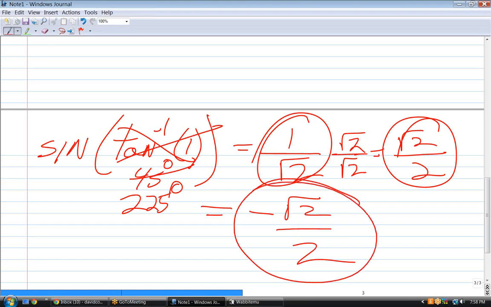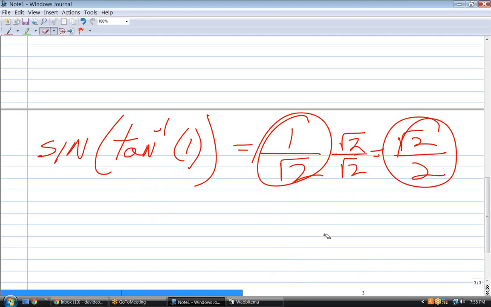So I don't get the same answer. That's why, when you're doing these double things, you always start from the inside out and you always answer with the principal answer. If this thing's positive, we're going to be in the first quadrant. If this answer's negative, we're going to have a negative angle, or fourth quadrant.